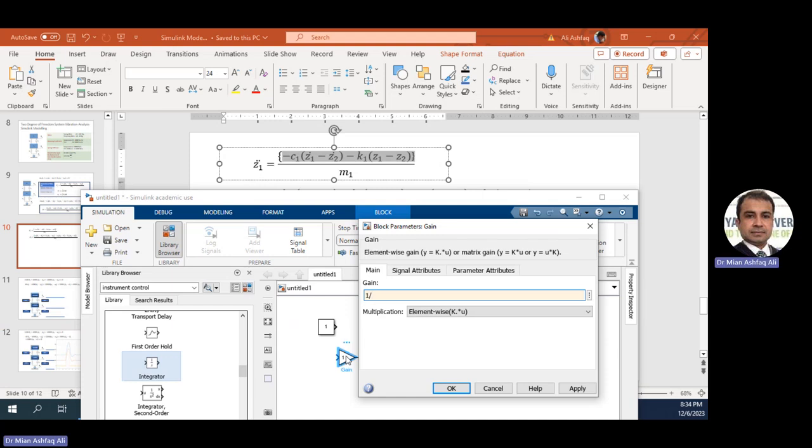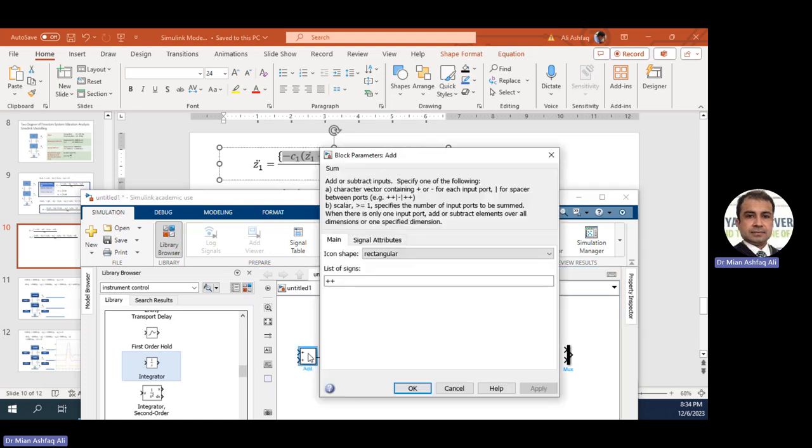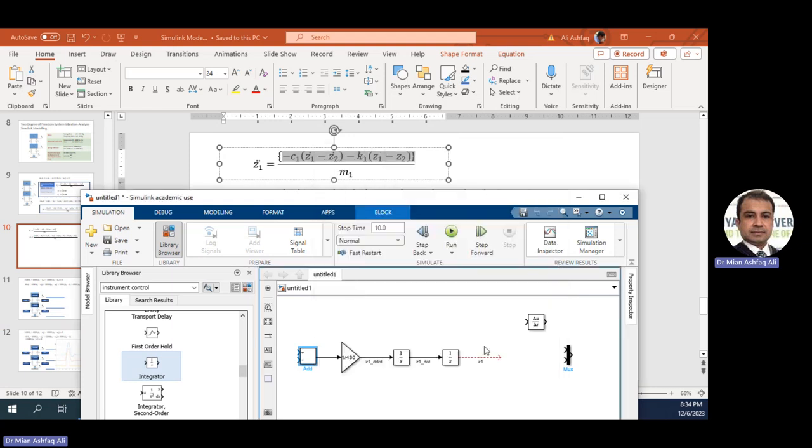The numerical value of m1 is 430. And then this system is coming from the two forces, so I can just connect those two forces, and both of those forces are negative, so I can just put this minus minus sign here.